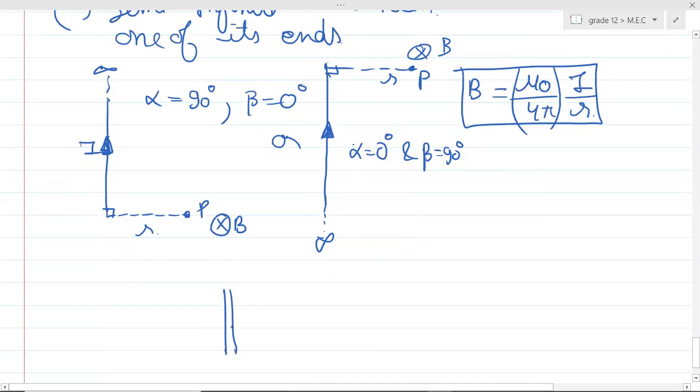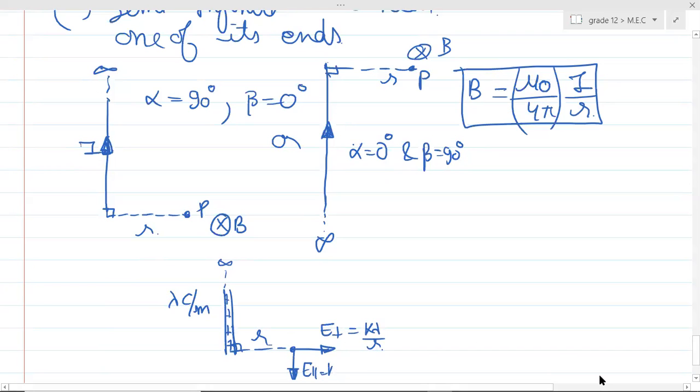Why does this happen in electrostatics? Because in electrostatics, the electric field is in the plane, if you remember. In case of electrostatics, was it like this? This was also k lambda by r. This was also k lambda by r.